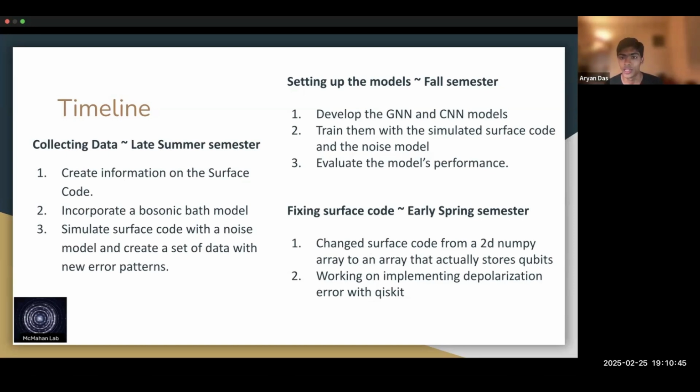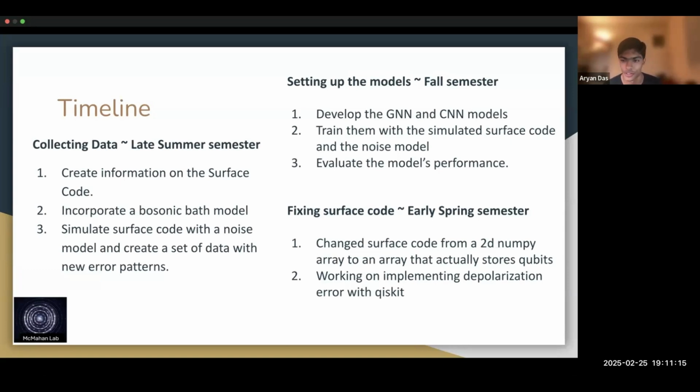And then this past fall semester, we developed our GNN and CNN models, elementary versions of them, and trained them with the simulated surface code and the noise model to evaluate the models' performance. Right now in this early spring semester, we've been focused on fixing our surface code model because our original model of just a 2D NumPy array didn't have any of the quantum properties inherent.